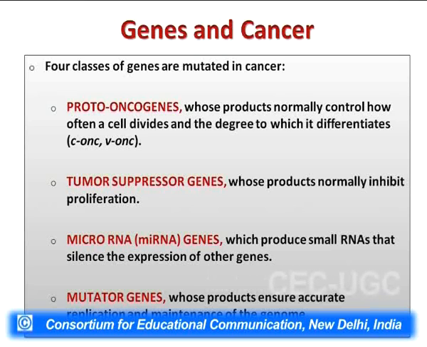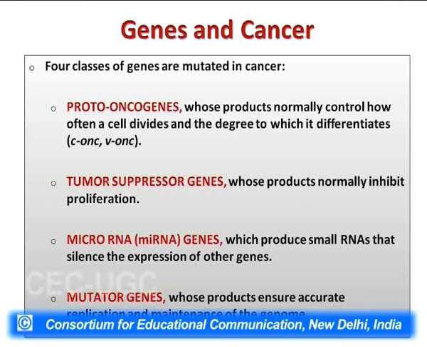Proto-oncogenes are genes which function normally in the body cells. But whenever some kind of mutation occurs in these proto-oncogenes, they get transformed into oncogenes, which is the lethal or cancer-forming form of that particular gene, and cell division becomes uncontrolled in that cell.